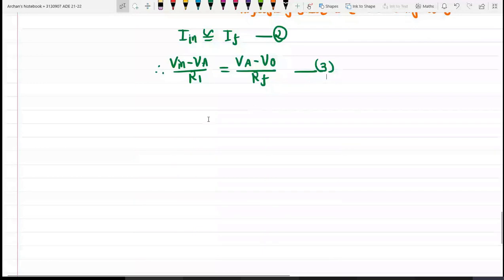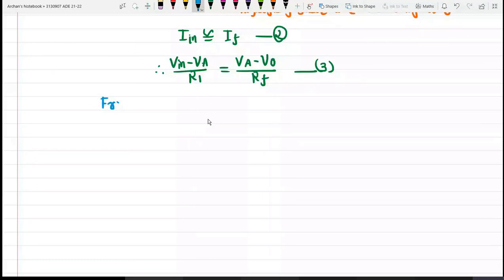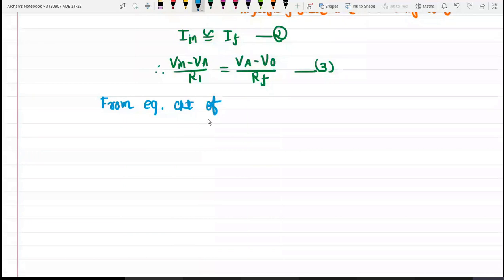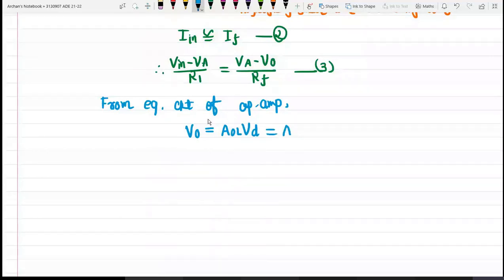Recall the equivalent circuit of the op-amp. From the equivalent circuit of the operational amplifier, we can write V0 is equal to AOL times VD, that is equal to AOL times V1 minus V2. This is equation number 4.